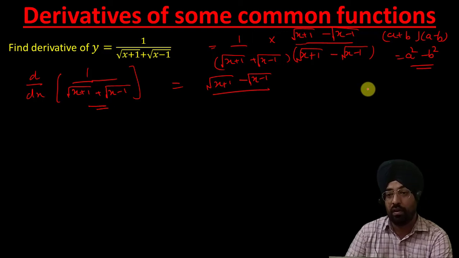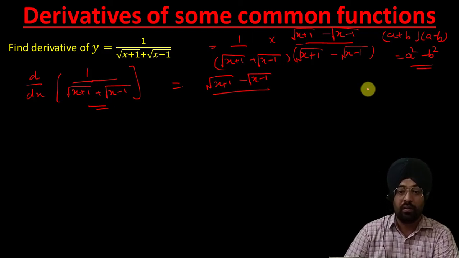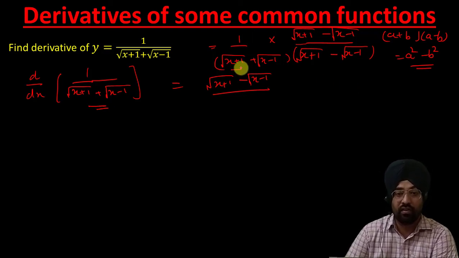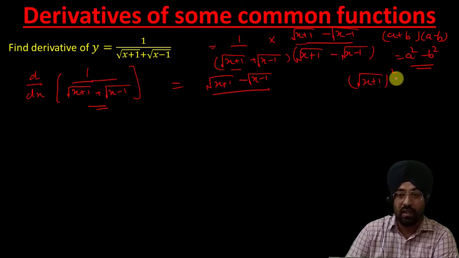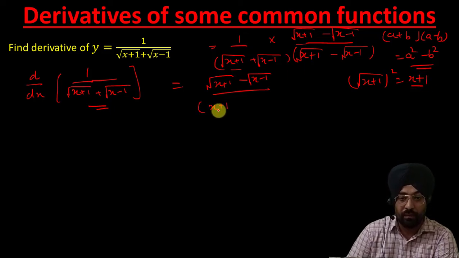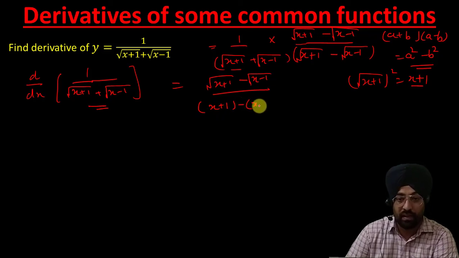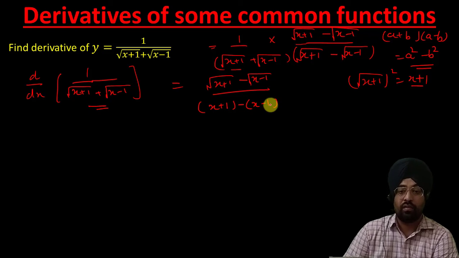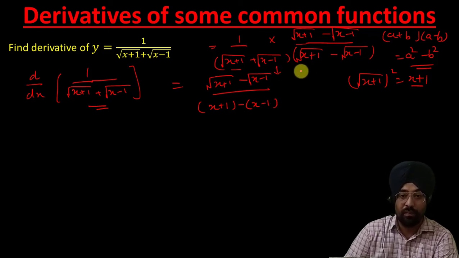It is a very common formula, so we can apply this relation. The square of x plus 1 square root becomes x plus 1, minus the square of x minus 1 square root, which is x minus 1. So we have taken their squares.